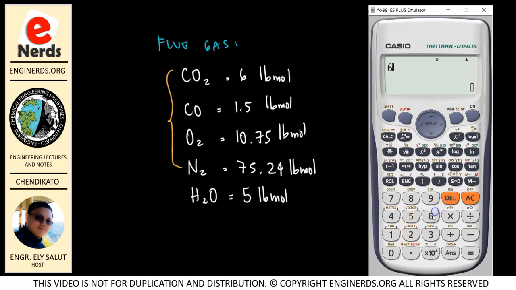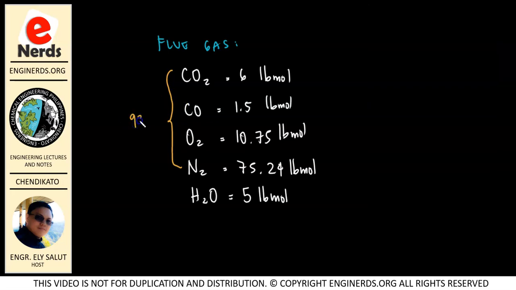So, we have 6 plus 1.5 plus 10.75 plus 75.24. So, we have 93.49 pound mole of our flue gas. Okay? So, kunin natin yung percentage ng bawat isang component, and that will be our ORSAT analysis.